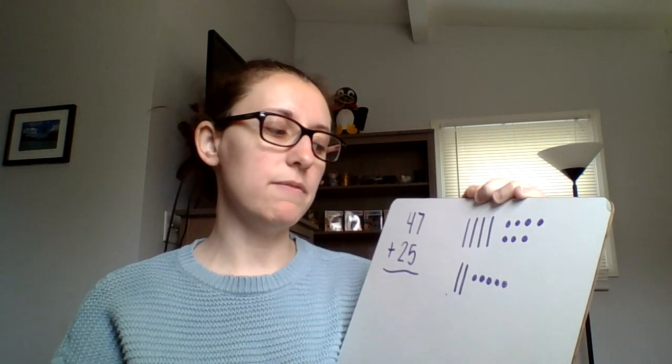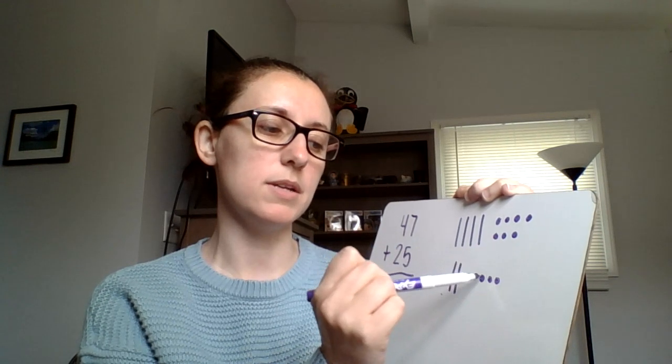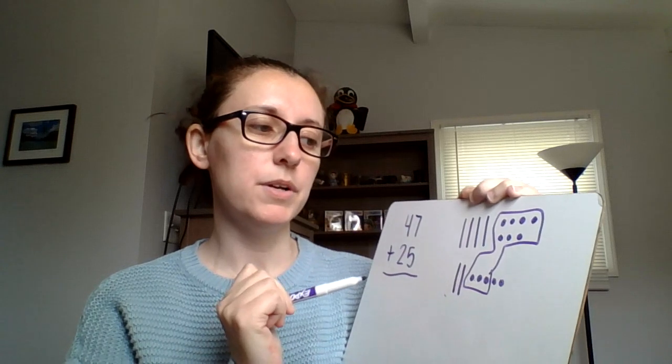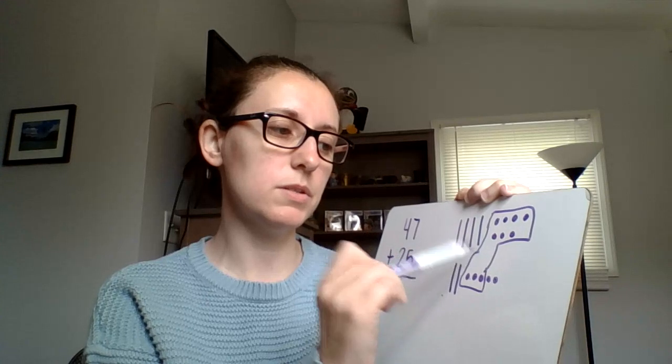All right, so now I have to add my ones together. And 7 plus 5 is 12. So I'm going to count my group of 10. 1, 2, 3, 4, 5, 6, 7, 8, 9, 10. I'm going to group it together, however you want to group it. Let's just do it this way.